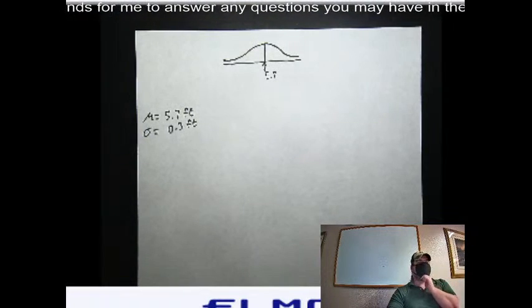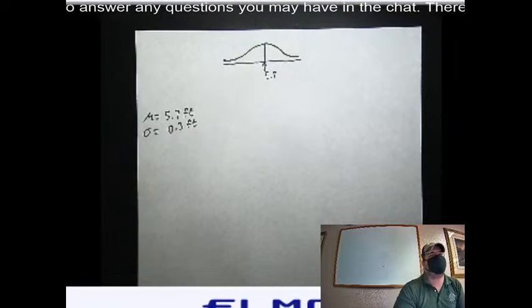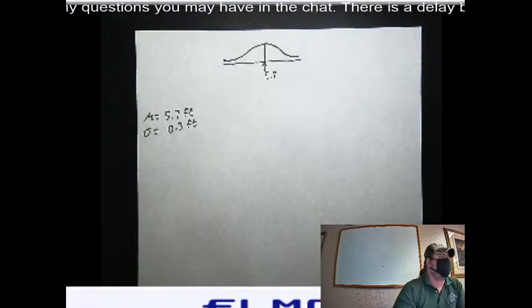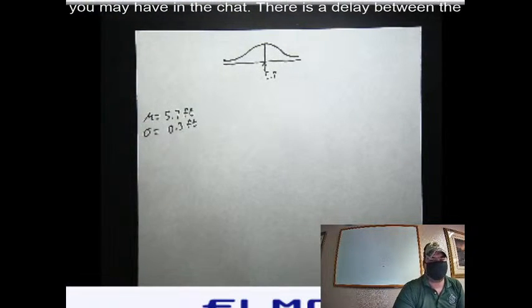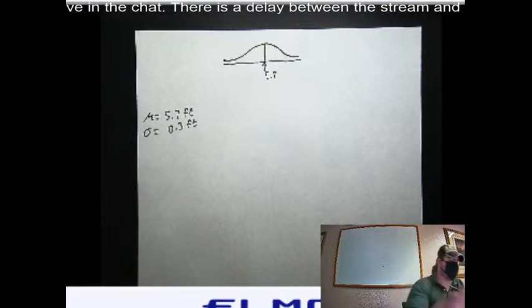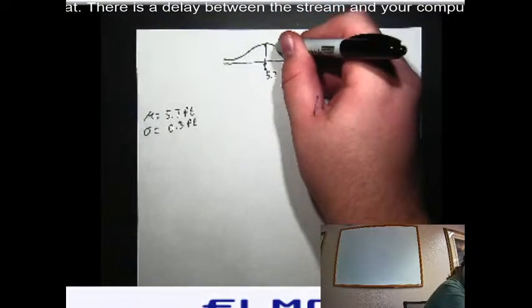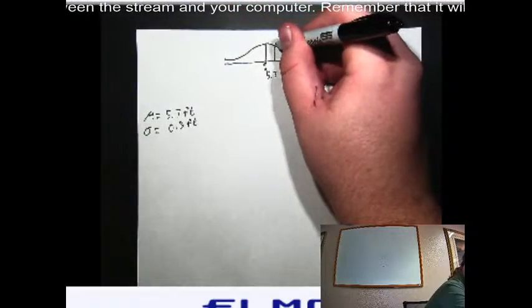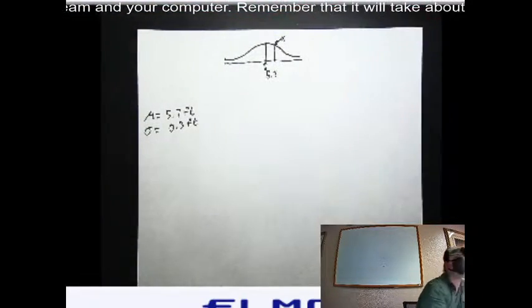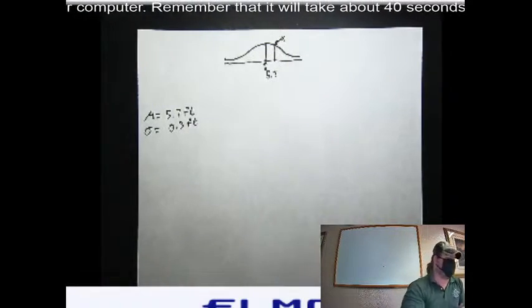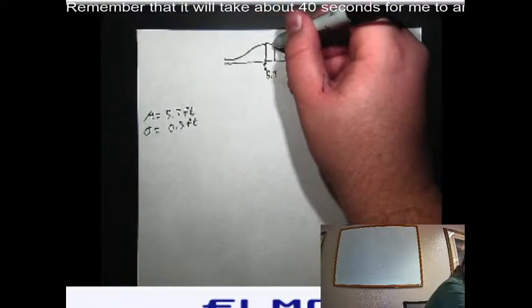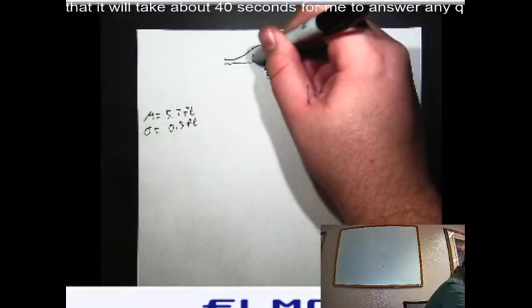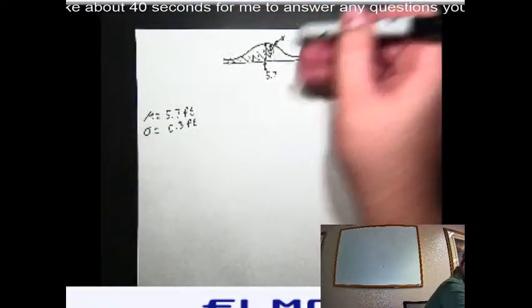So what we want to know now is what is the percent of people that are 6 feet or below. 6 feet's probably somewhere around here. This is our x value. We want to know the percent of people who are 6 feet or below, that area right there.